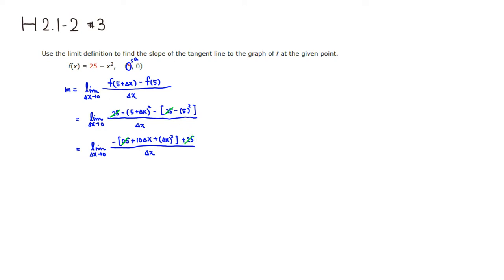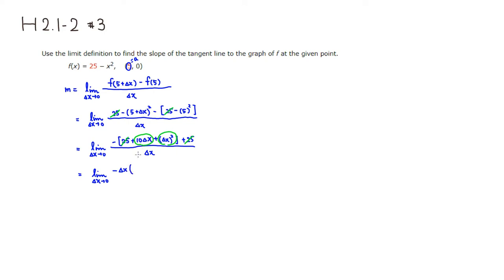Then we have two terms left over: a 10 delta x, and then delta x squared with the negative sign. So I'm going to factor out delta x since both of those have delta x in them. The negative sign is already there, and we factor out delta x.